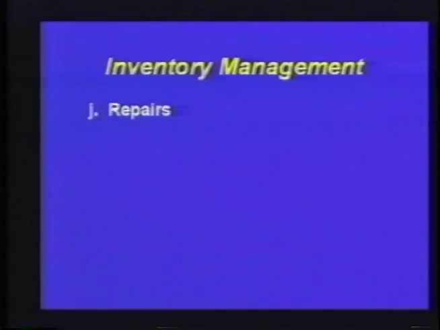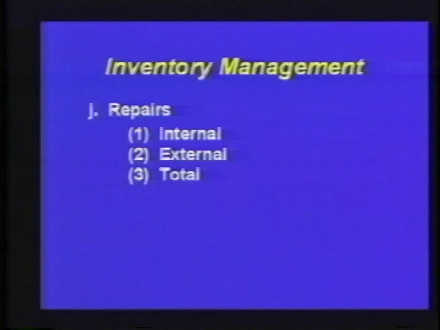The repairs is an item that I hardly ever see in any inventory system, and that is I can have a repair done internally, I could have one done externally, and there may be times, depending on volume, that I could have the same part number be repaired on a purchase order and another same item be repaired on an internal maintenance repair order.